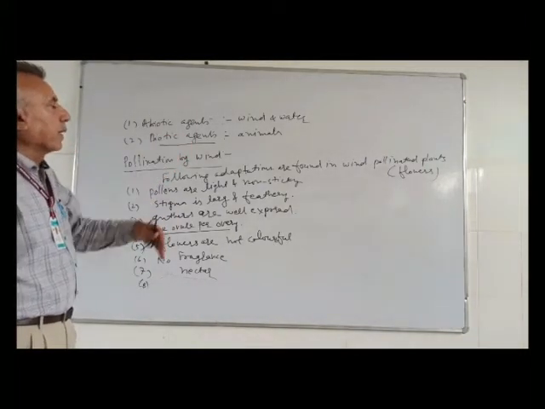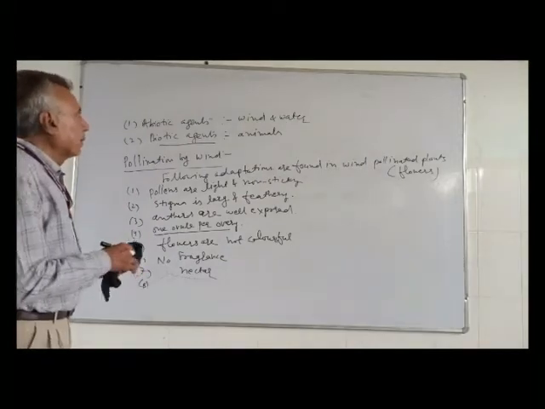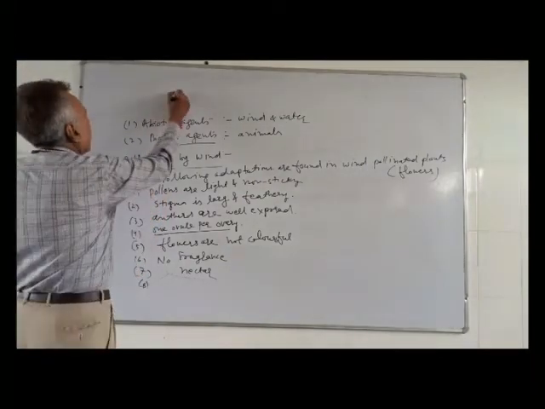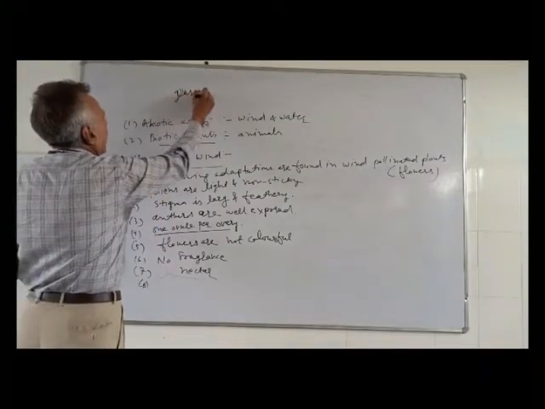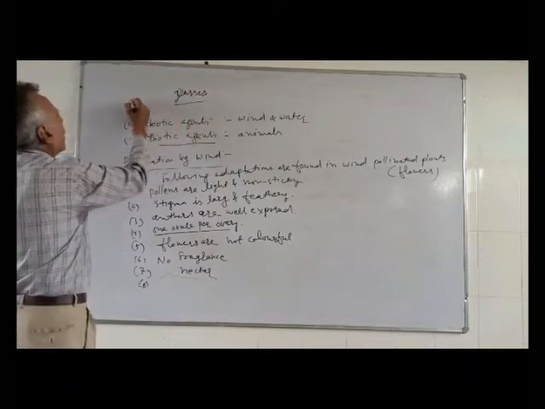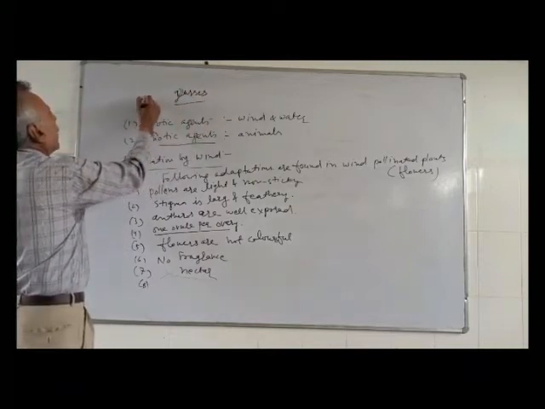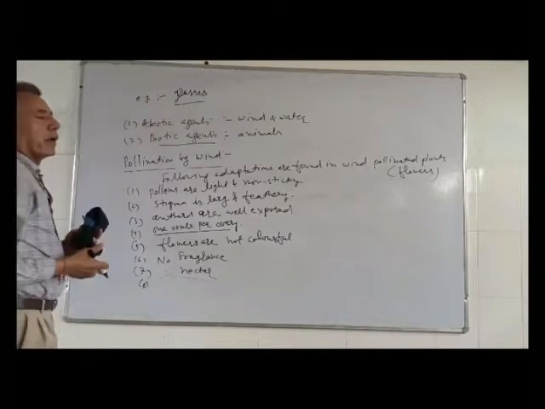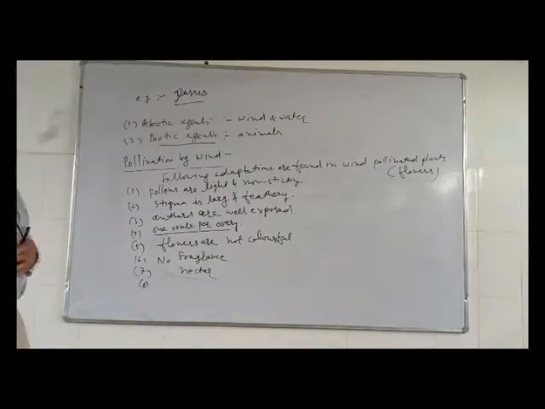They have evolved such adaptations. Example, grasses. In most grass plants, wind pollination takes place.